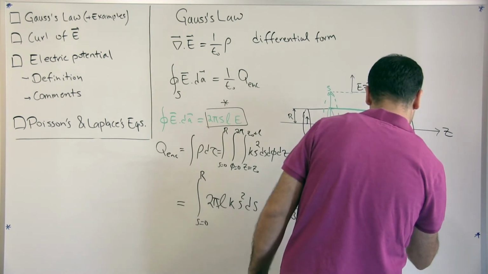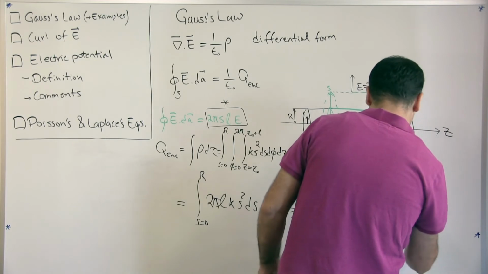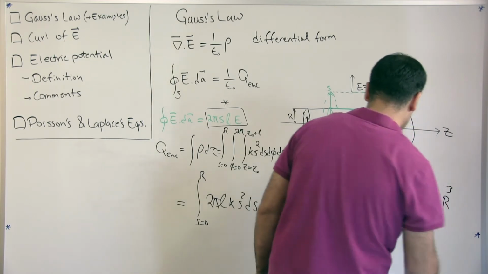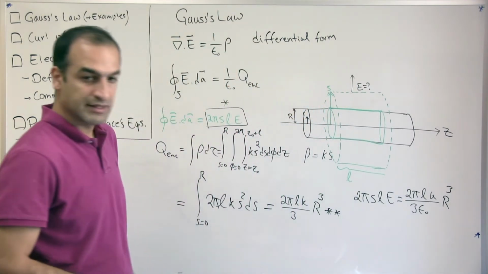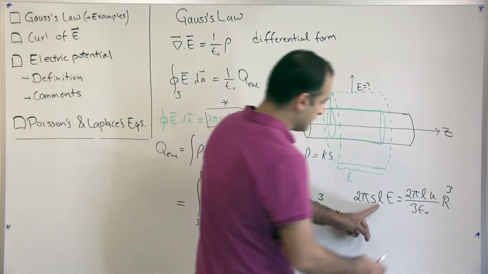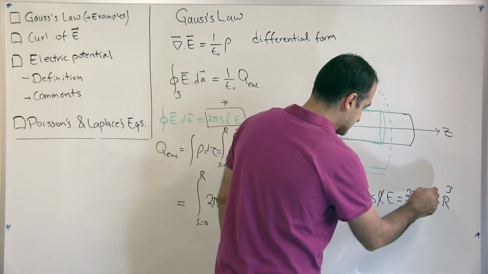And that means 2 pi L K by 3 epsilon naught times R cubed. So a lot of these things can be canceled out. Most importantly, L, the length of the Gaussian cylinder, cancels out.